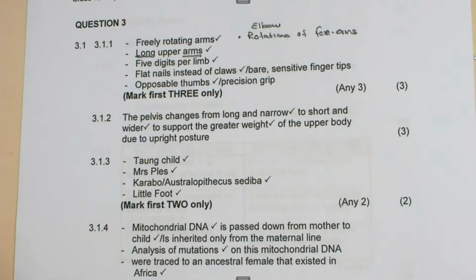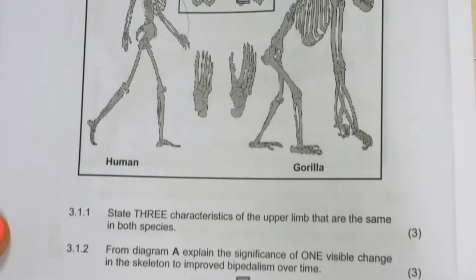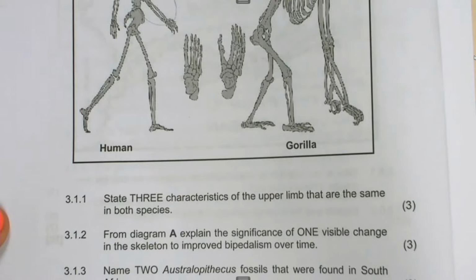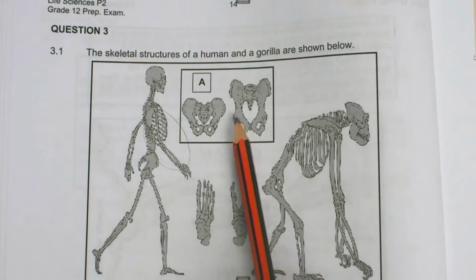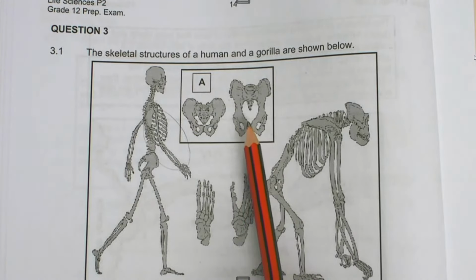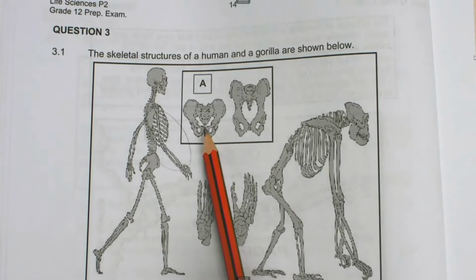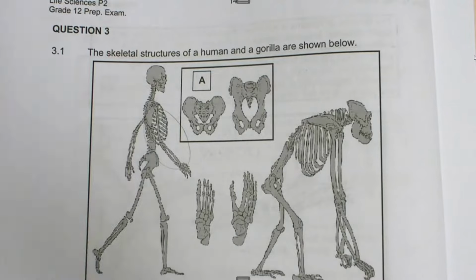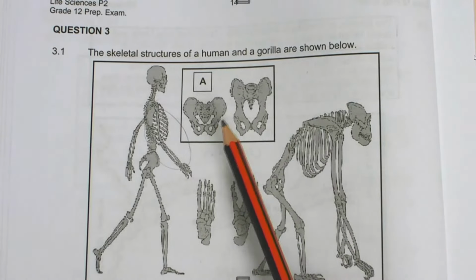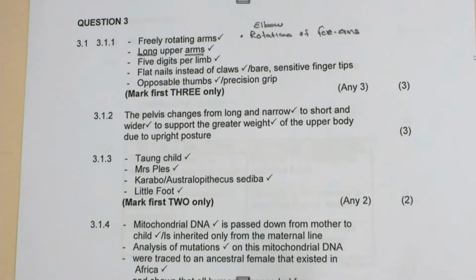From the diagram, explain the significance of a visible change in the skeleton to prove bipedalism. So in this case, in A, the skeleton changed from a long and narrow to a broad and wide pelvis. And the significance of that is to support upper body weight. So that is the 3 points that we are allocating there.